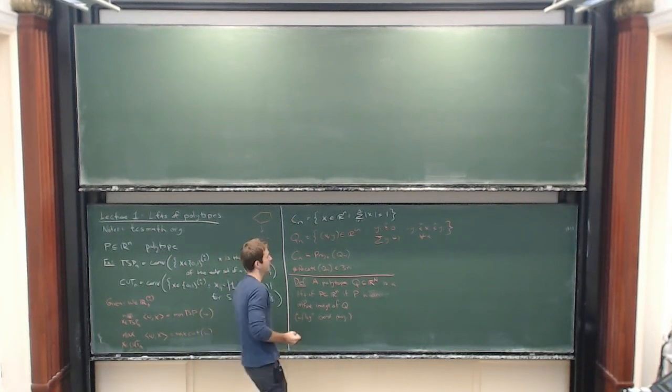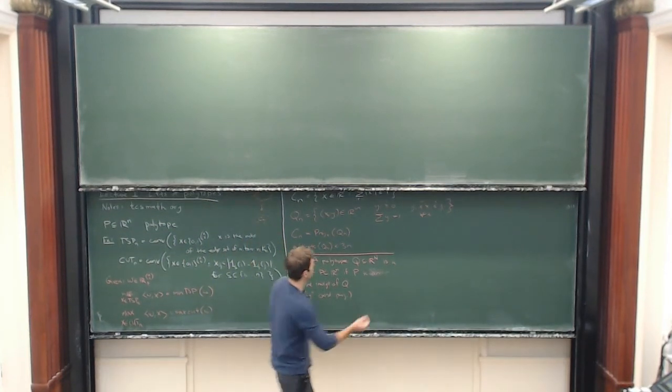Let's define one more thing, a notion of complexity for a polytope.